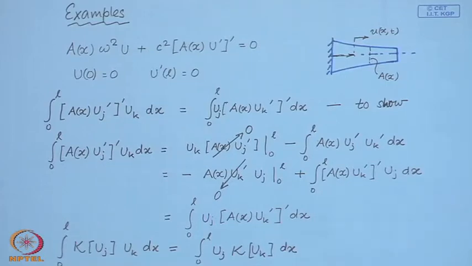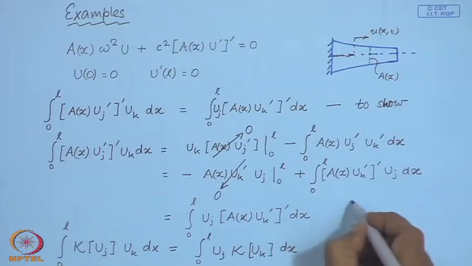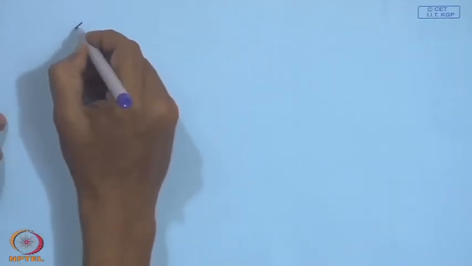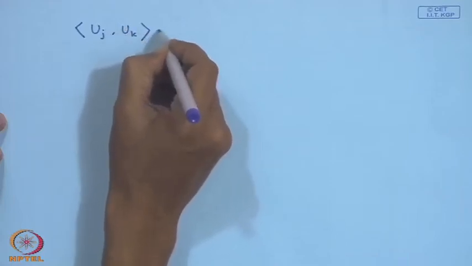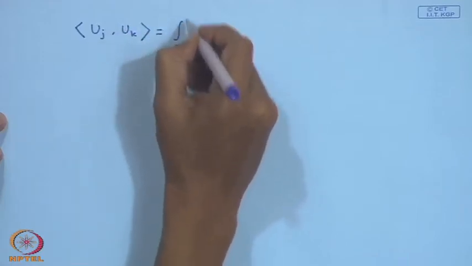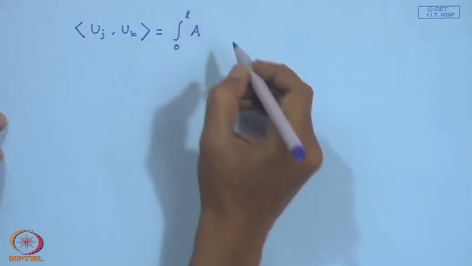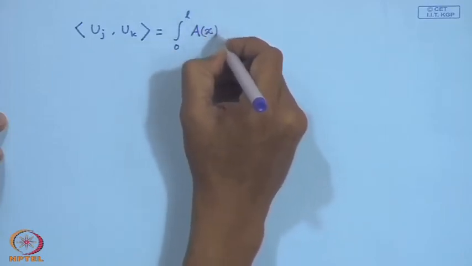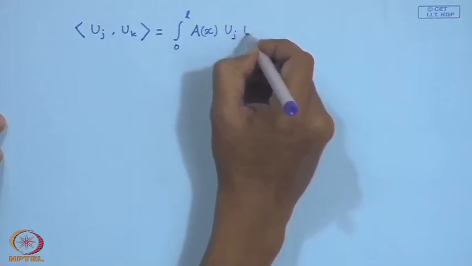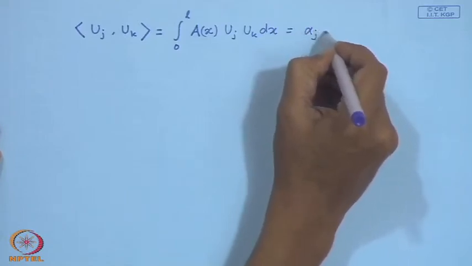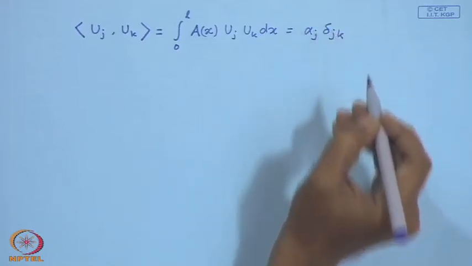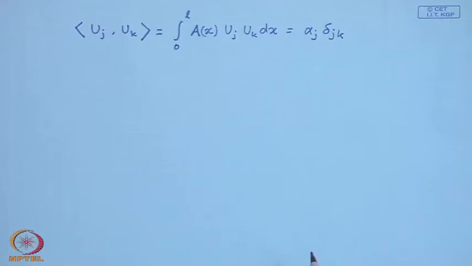So, we can write this orthogonality in terms of the inner product as we were defining, for the tapered bar.